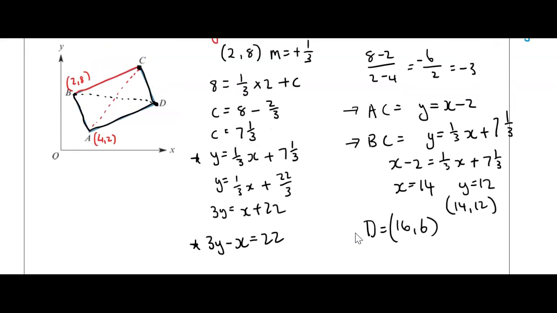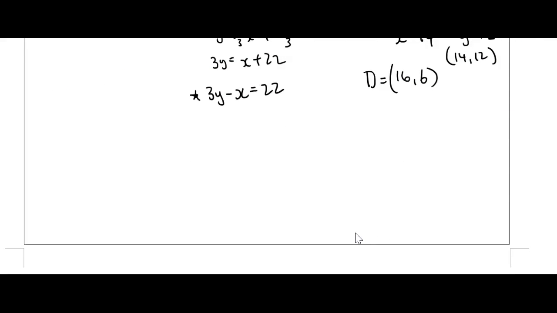Then you would do the same for BC, getting the length there. I'm just going to show you the length of each one. So the length of AB is equal to, and then we had BC. We've got the square root of 40 for AB and BC is the square root of 160.